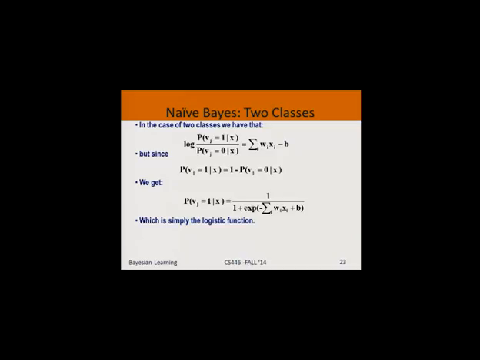We've actually seen this function before when we talked about perceptron and so on. So this is just another way to write it. But the key lesson so far is that what we've shown is that naive Bayes makes its decision using a linear function with very specific ways of computing the coefficients.